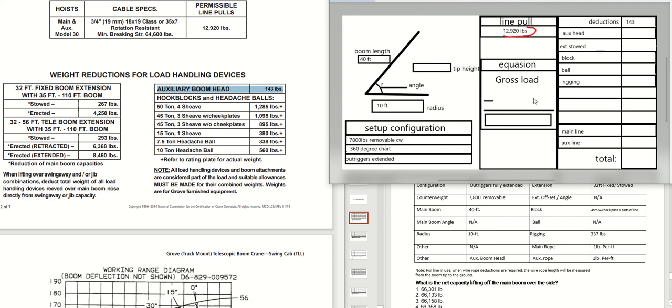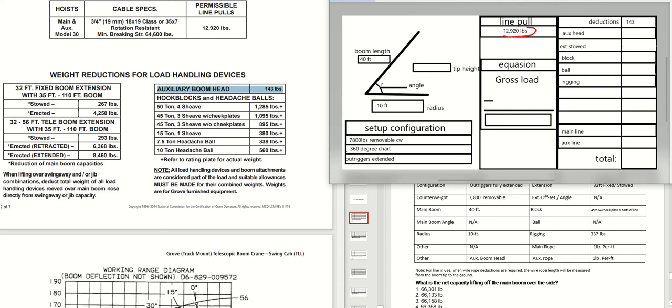You take your gross load minus all your deductions. So all of the weight of these, minus it from your gross capacity. That is going to be your net capacity, or your net load, and that's what the answers down here will come out to.